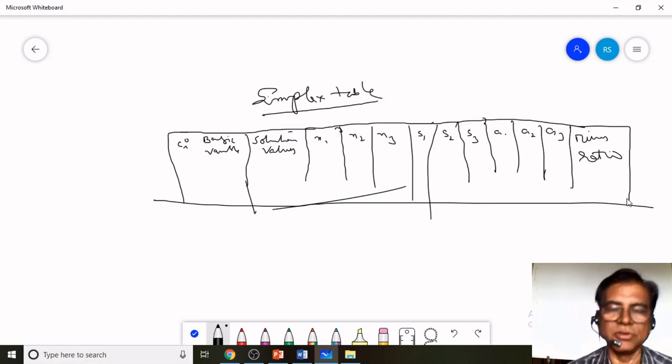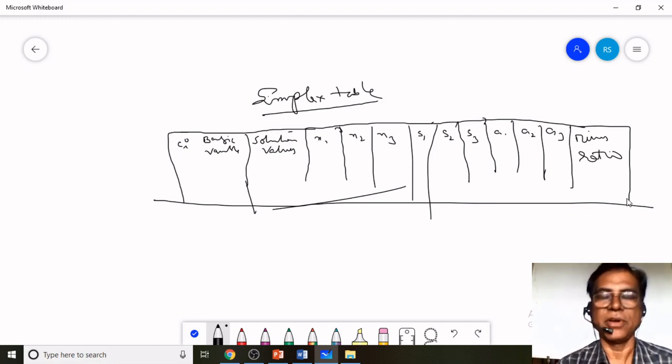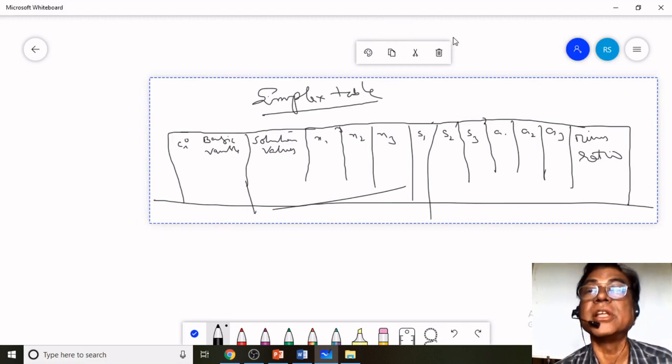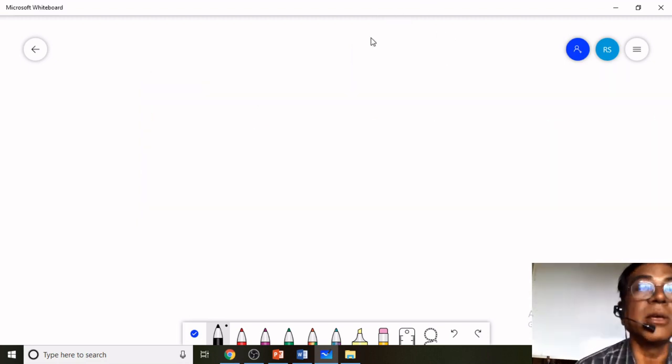This is the simplex table. Today I'm going to explain how to enter the basic variables, particularly in a simplex table. Take any one problem, solved by the simplex method, given like this from an examination point of view.